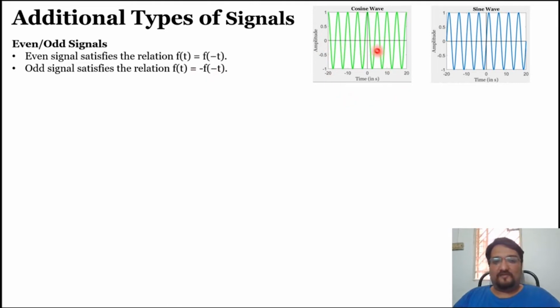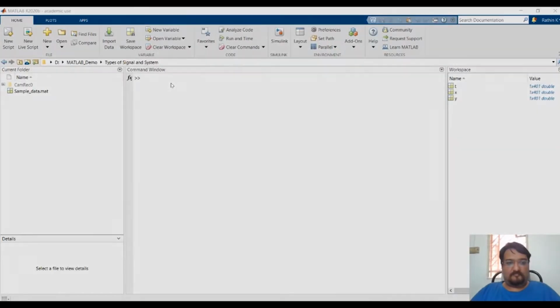Whereas the cosine wave follows the property f of t is equal to f of minus t. We will see quickly how we are getting it. We will see that quickly using MATLAB, and we'll see some more examples, so you will get some more idea. So let's see the demonstration.